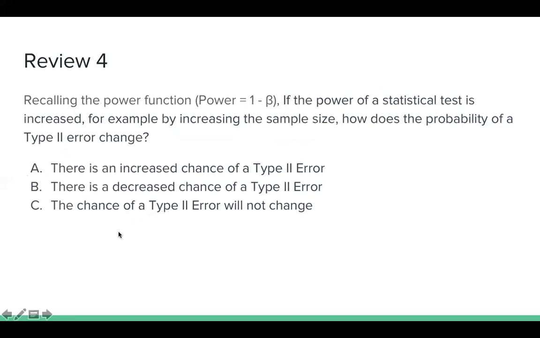All right, this is the last question. Recalling the power function, if the power of a statistical test is increased, for example, by increasing the sample size, how does the probability of a type 2 error change?